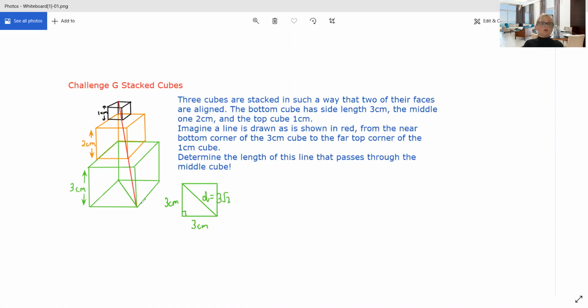Let me now draw for you this big triangle. So what we've actually got, and I'll keep colour coding just for now anyway. So we've got our 3 root 2 coming across the bottom there. Then we've got 3 coming here. We've got 2 above that and 1 above that.